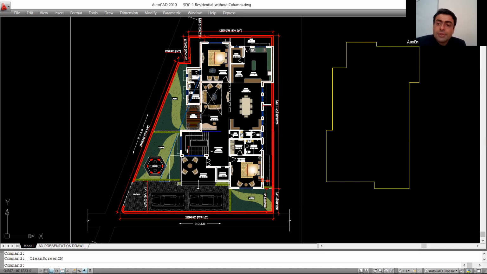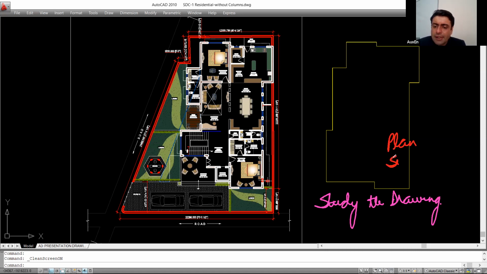So first thing, extremely important, is to study the plan. I would not say only plan, study the drawing. Your drawing may involve plans, sections, elevations, etc.